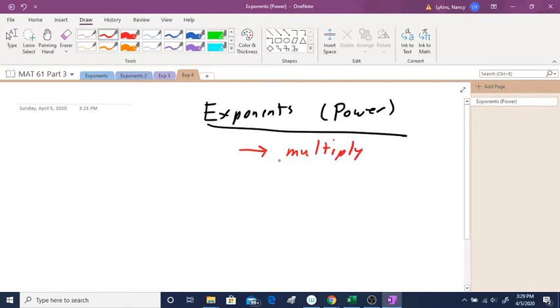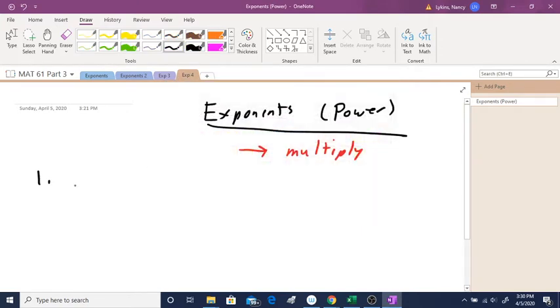So when we multiplied exponents in my second video, we added the exponents. The third video, we talked about dividing, so we subtracted the exponents. Now we're going to use the power rule, and we're going to multiply the exponents.